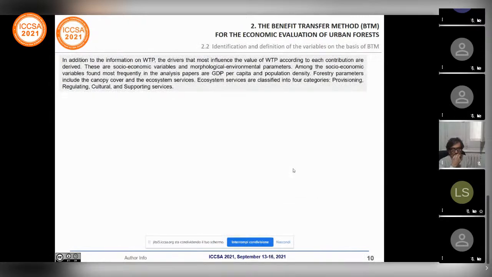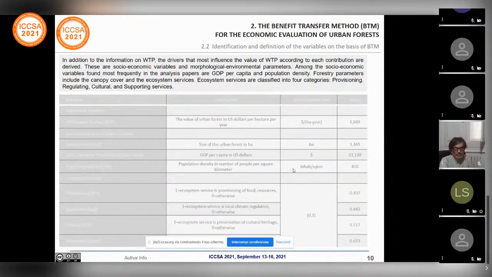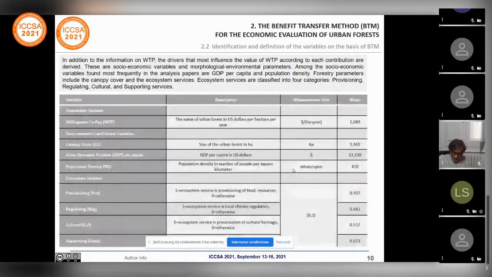By analyzing the specific papers, we extracted the information on willingness to pay with regard to urban forest, but also other parameters of socioeconomic, environmental, and natural type. Among these, the GDP per capita and the population density. And we extracted the mean value for each type of parameter.